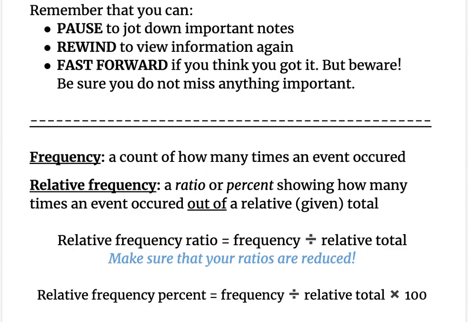And that's it. The only tricky part is making sure you read the question correctly and you're looking at the correct frequency and relative total because there are so many different frequencies and totals going on in your table. Please be sure to put this in your notes and then we're going to head on over to do some examples.